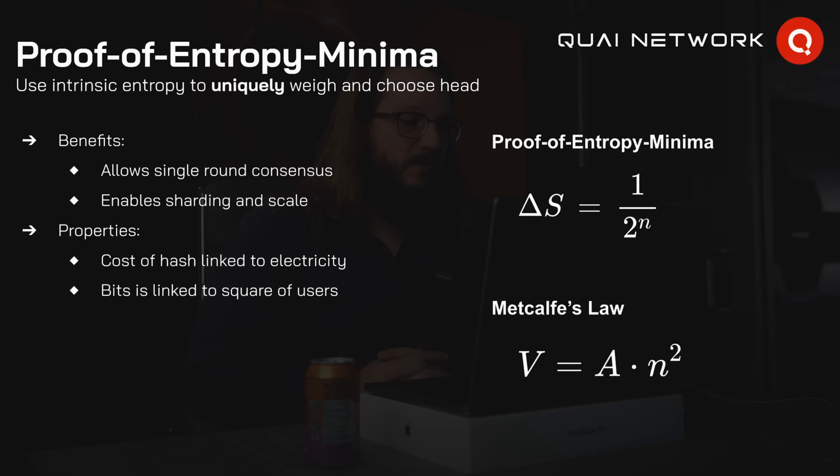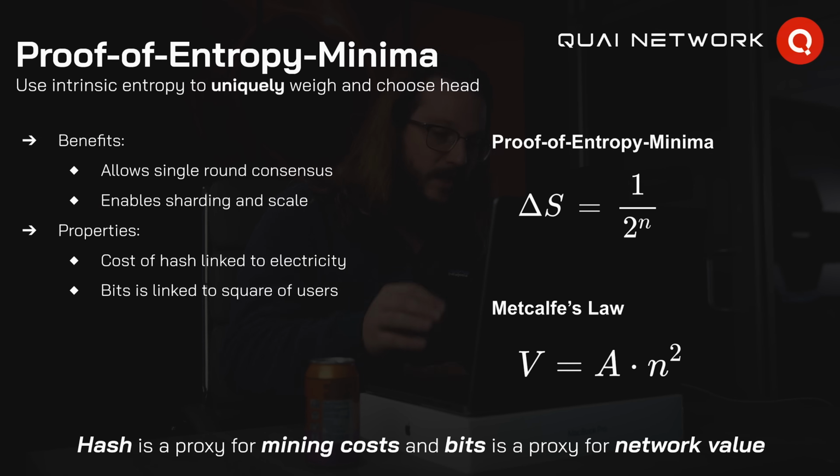The properties of POEM that allow us to do some other interesting things with the system related to economics is that the cost of a hash here is linked to electricity cost, and the entropy, which we measure in bits, is linked to the square of the users. So the entropy is really a measure of the network value in some ways, and the difficulty is a measure of the cost of production of a hash.